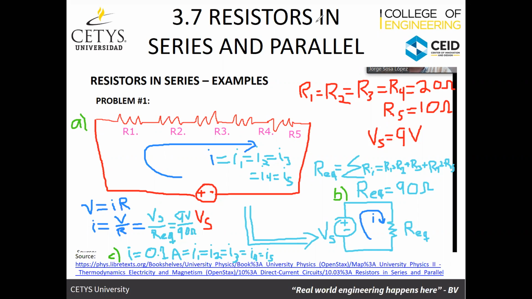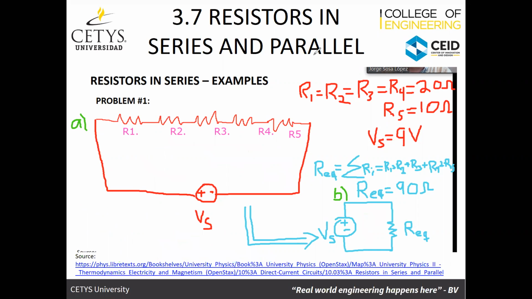Okay, I'm going to clear this and let's talk about the voltages. Now, what's going to be happening here is that each of the resistors is going to have a voltage, what we call a voltage drop. What does this mean?